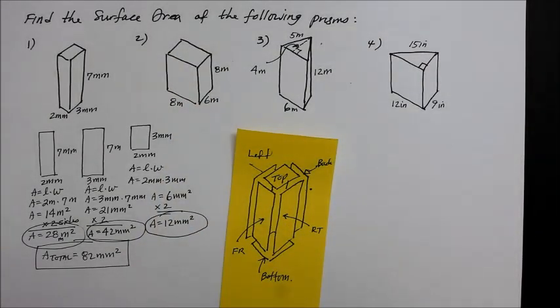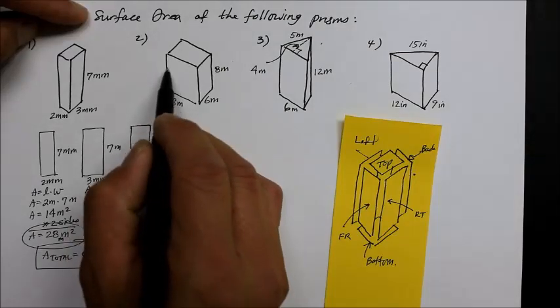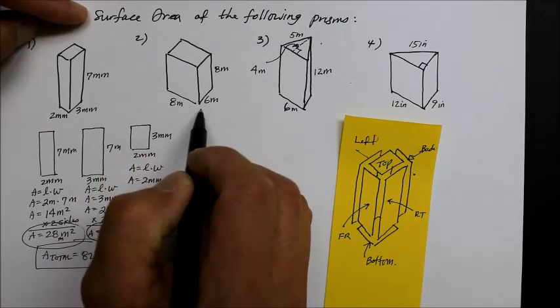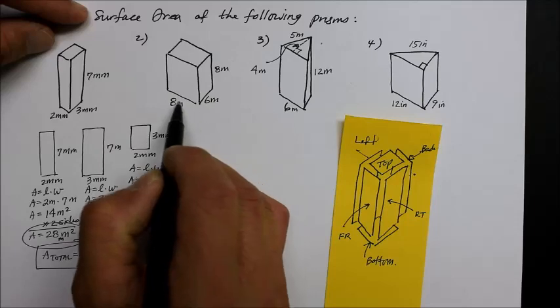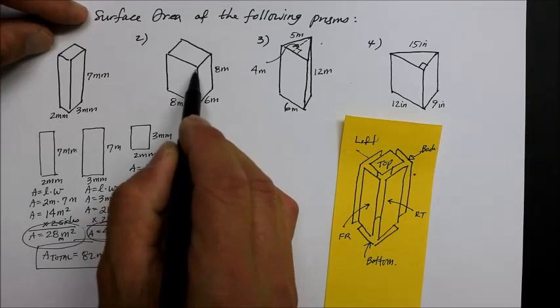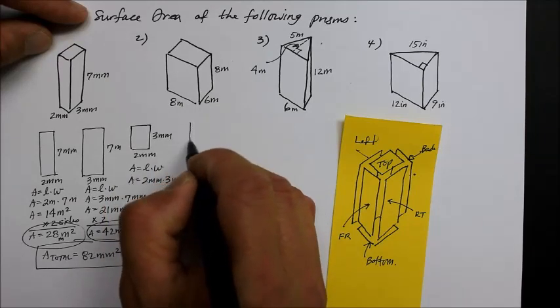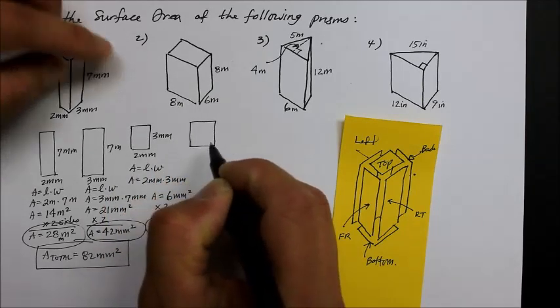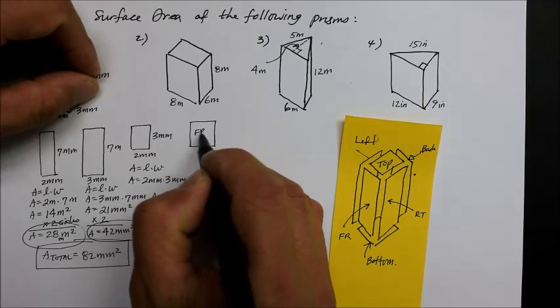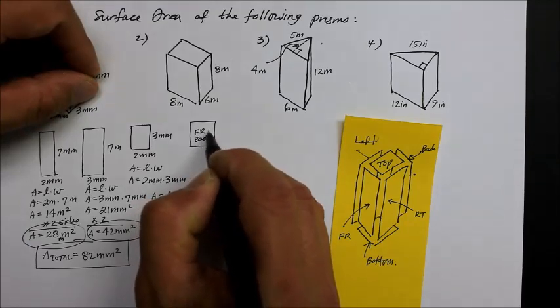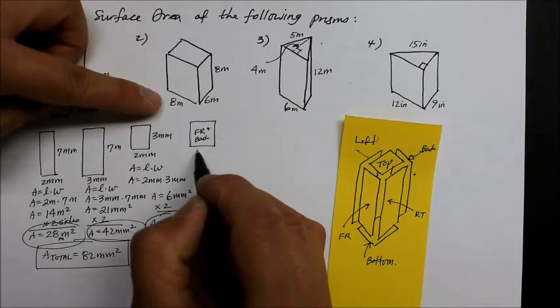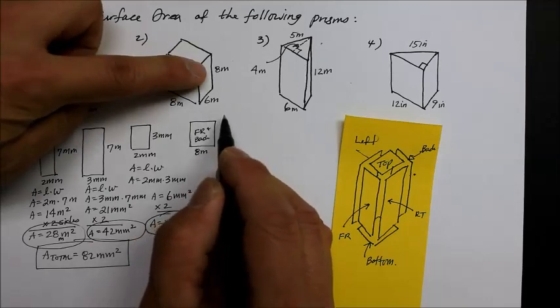All right, number 2. The biggest part, the major part, appears to be a square because the length of it is 8 and the width of it, indicated by the height here, is also 8. Let me draw the smaller version of that to save space. The front and the back is 8 meters by 8 meters.